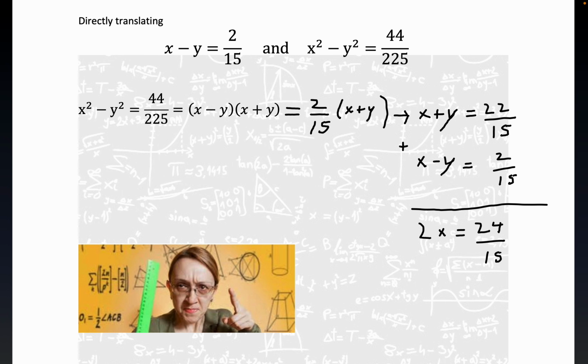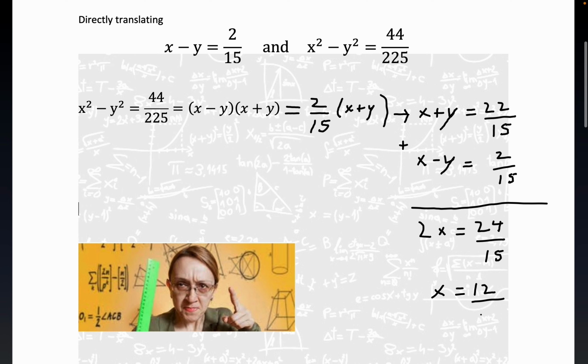Okay, now dividing by 2 gives us x equals 12 over 15. And certainly they both have a common factor of 3, and so this would reduce to 4 over 5.